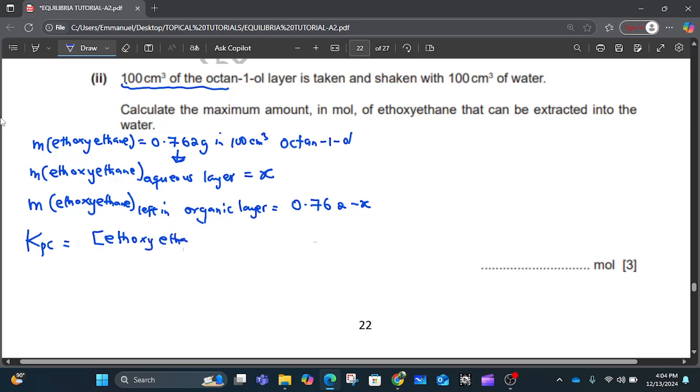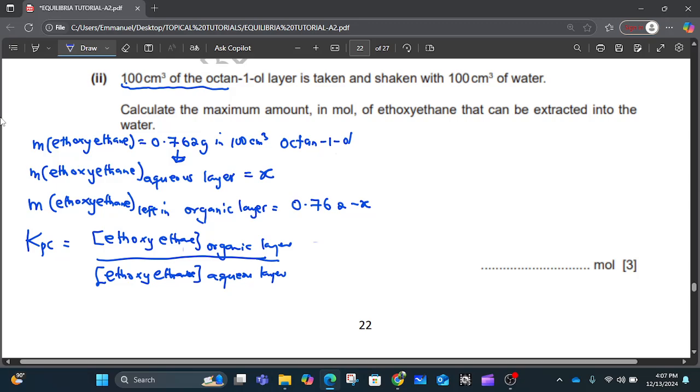Now we know that Kpc is equal to the concentration of the solute, which is the ethoxyethane in the organic layer, divided by the concentration of the solute ethoxyethane in the aqueous layer. Now we know the mass and volume of each layer, so we can calculate the concentration of ethoxyethane in both layers.